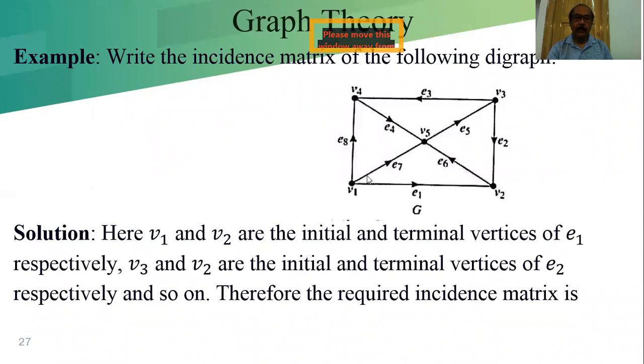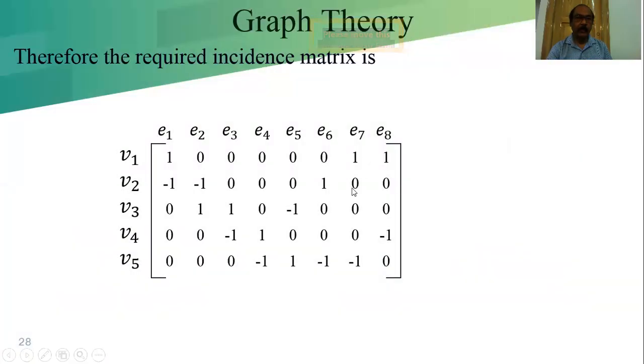E7: V1, V5. V1 positive and V5 negative. So you have to prepare the incident matrix with the following rules, where it would be positive 1, where it would be negative 1 and where it would be 0.